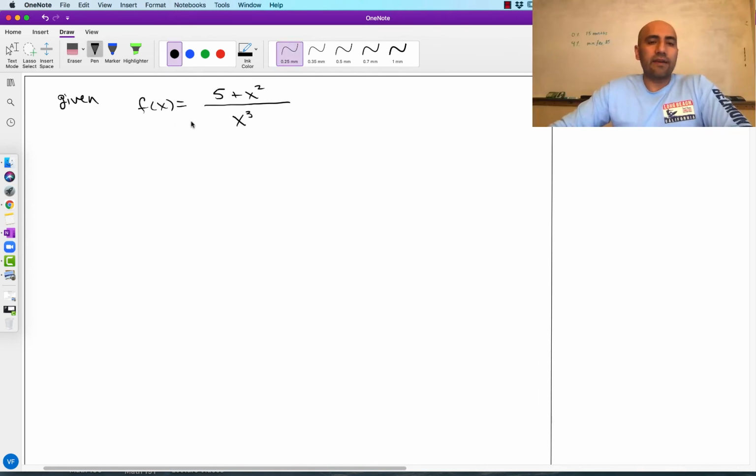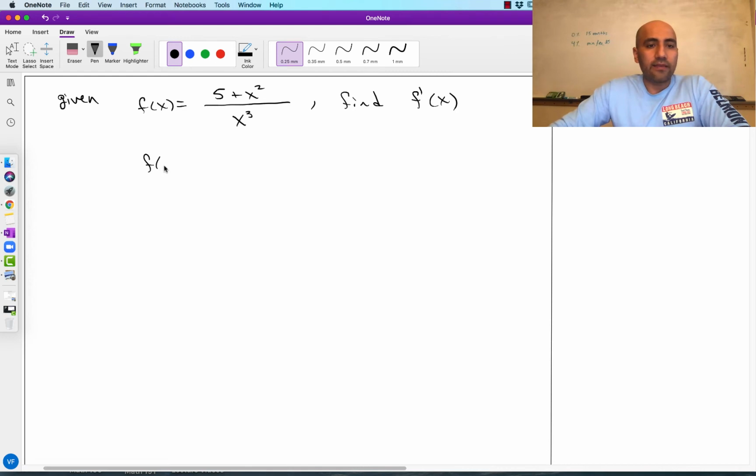Okay, given f of x equals this division, 5 plus x squared divided by x to the third power, find f prime of x. Okay, so one thing we could definitely do is to separate these.